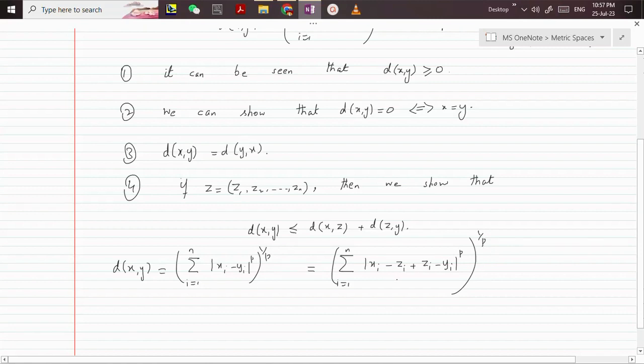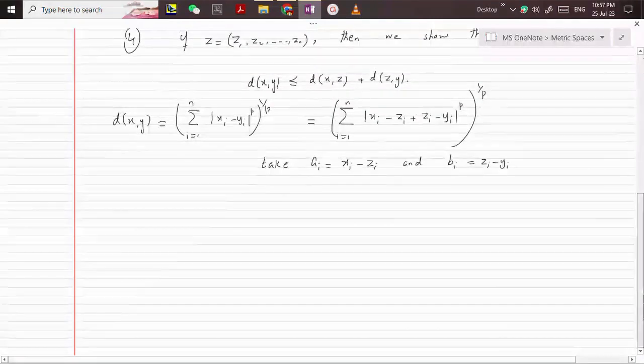So we just added and subtracted zi. You can see, take for each i, ai equals xi minus zi, and bi equals zi minus yi for each i.